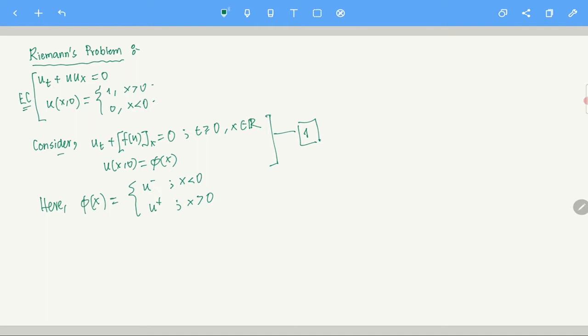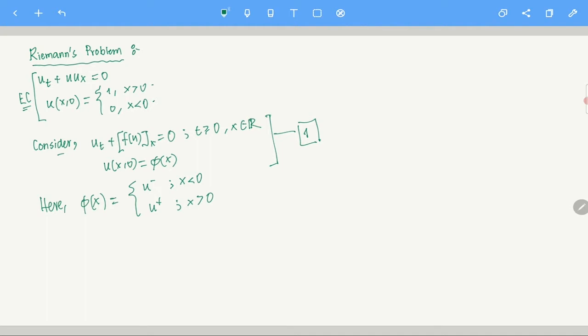This is nothing to do with the other notation u plus, u minus for a function, the maximum and minimum parts. Here u plus and u minus are just some numbers. No information on x equals 0 is given.